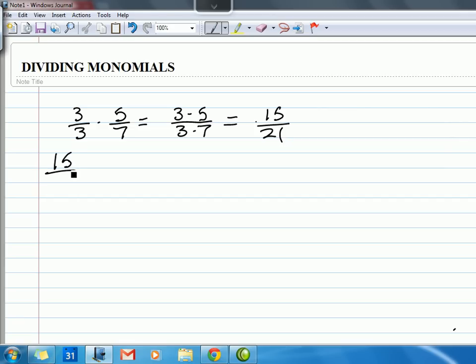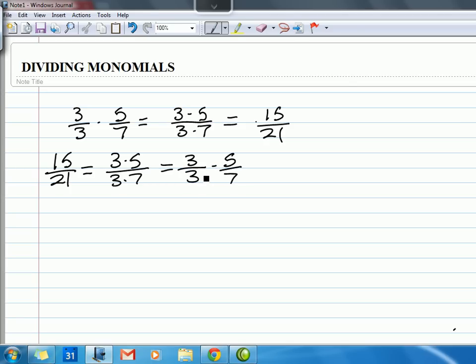Now, one thing to take into consideration is if, in fact, we're going to reduce, all we do is just go backwards, don't we? From 15 over 21, we break up the numerator and the denominator into 3 times 5 in the top and 3 times 7 in the bottom. Going across, this is 3 over 3 times 5 over 7.